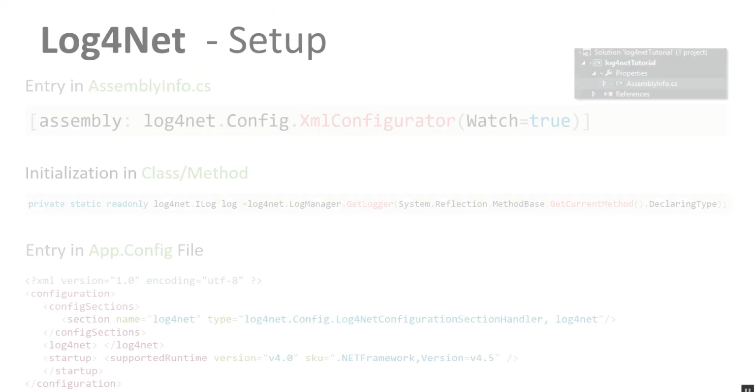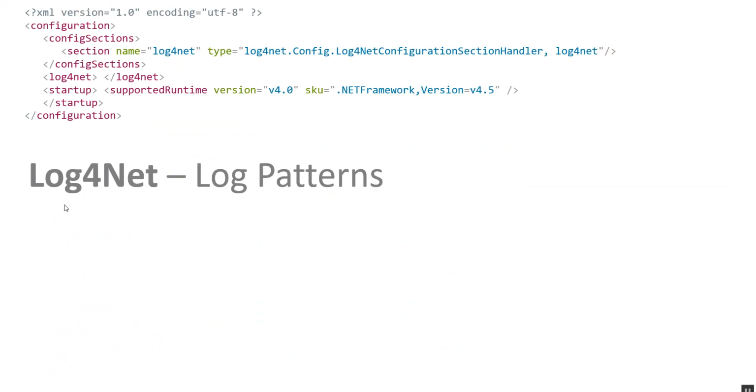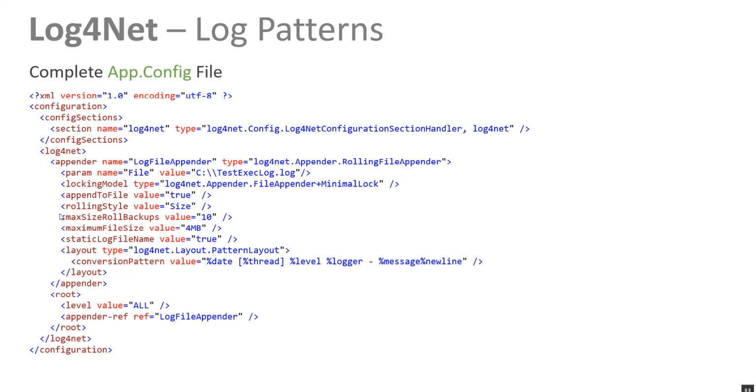So what are those entries? Here it is. In the AssemblyInfo.cs file we are going to use this line: assembly colon log4j.config.xml configurator watch is equal to true, and for initialization we will use this line. And here is the complete XML which we will use in the app.config file.